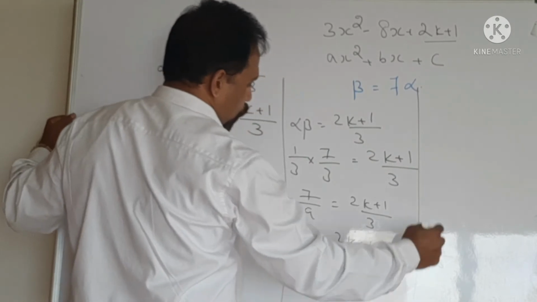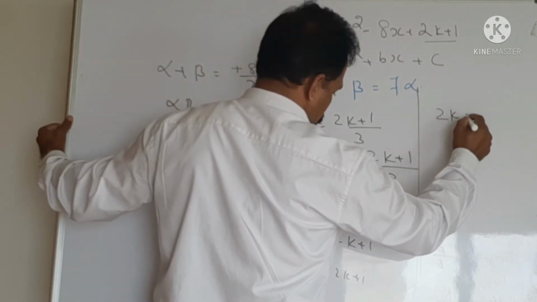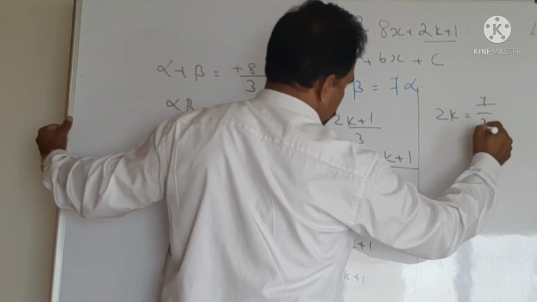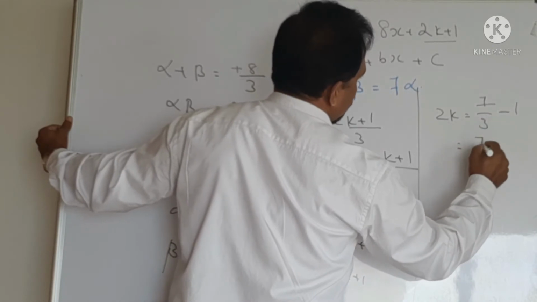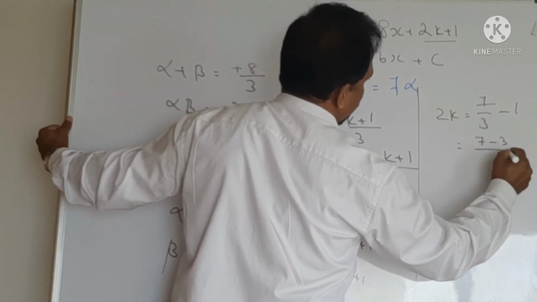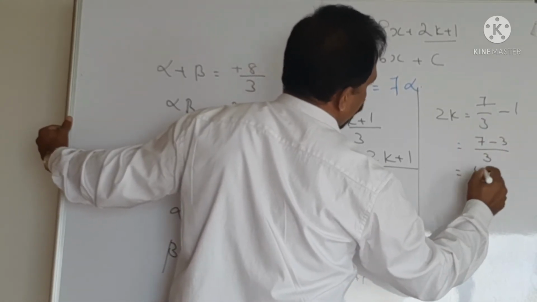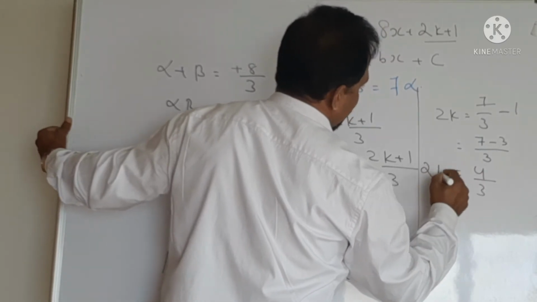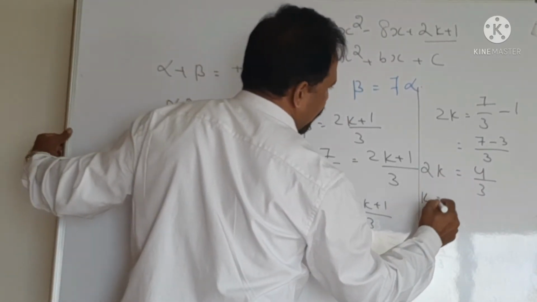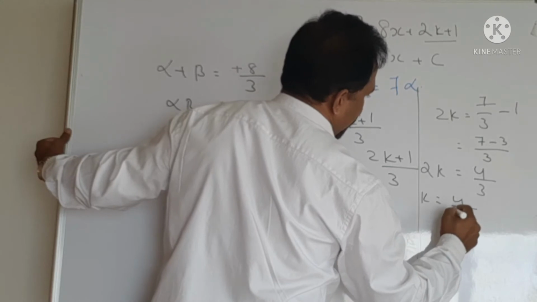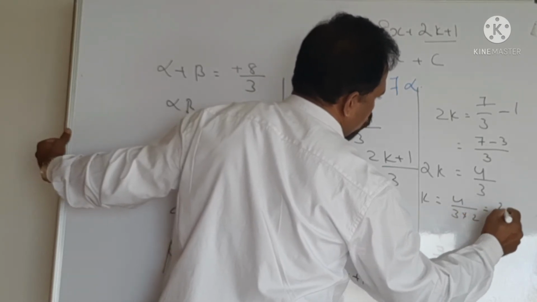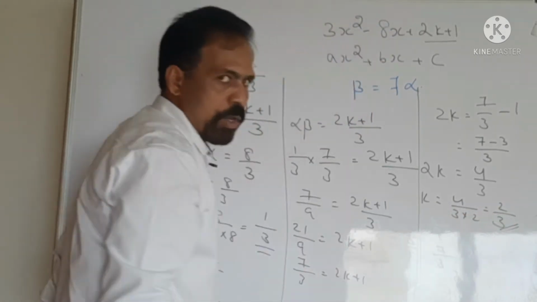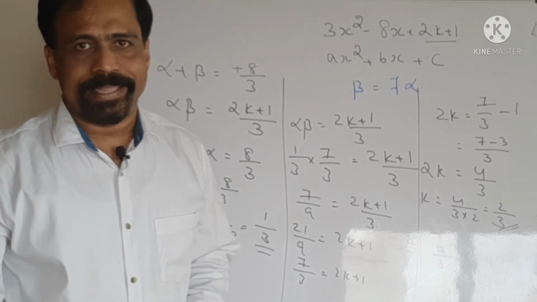Therefore 2k is equal to 7 by 3 minus 1, that is 7 minus 3 divided by 3, that is 4 by 3. 2k is 4 by 3, therefore k is equal to 4 by 3 into 1 by 2, that is 2 by 3. So the value of k is 2 by 3.